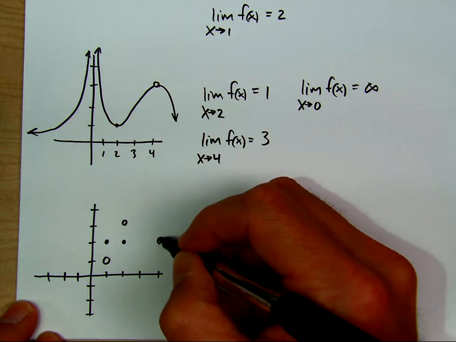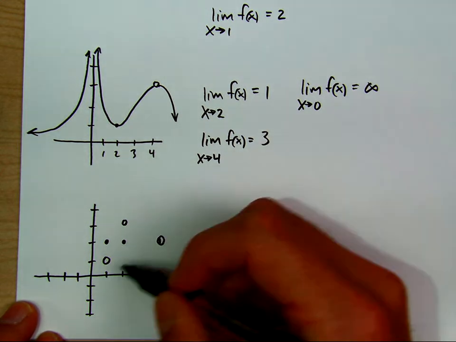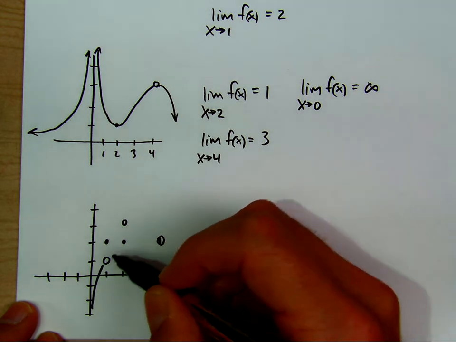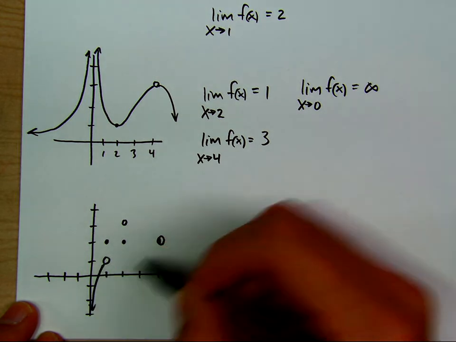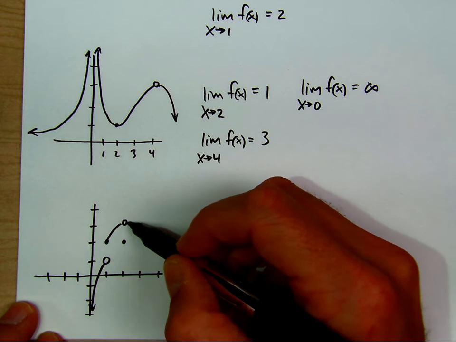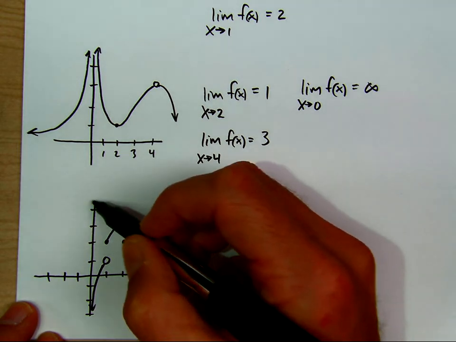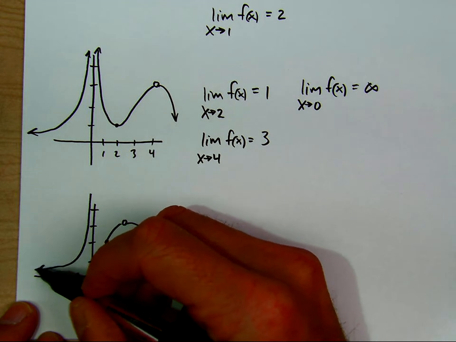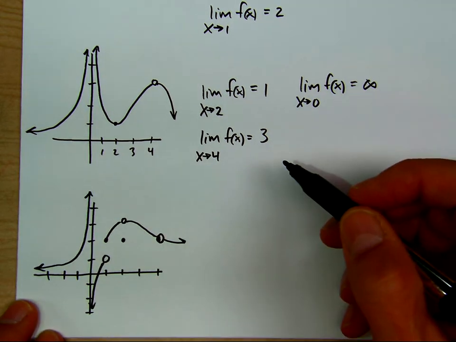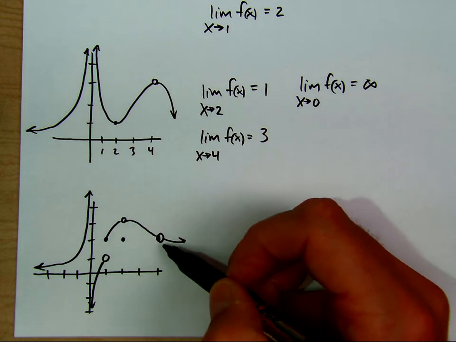This should be an open circle. All right, so we have open circle here, here, and here.